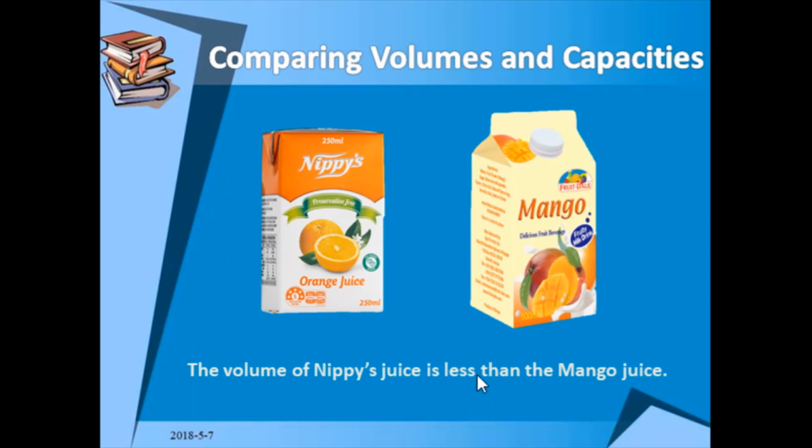Again, I'll repeat. The volume of Nippy's juice is less than the mango juice, because 250 is smaller than 500. That is why we use less than. Understood?